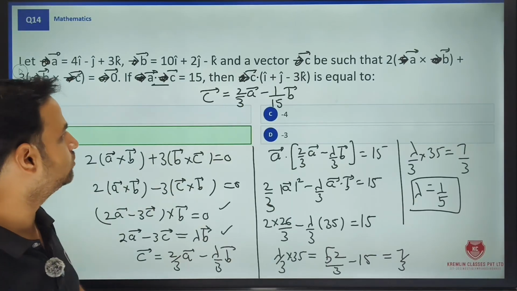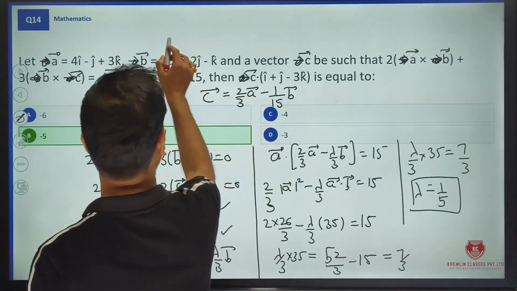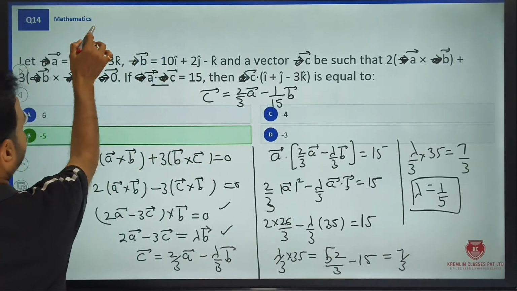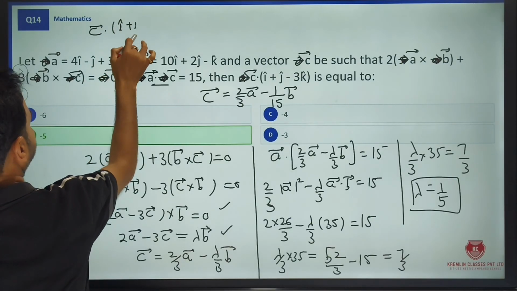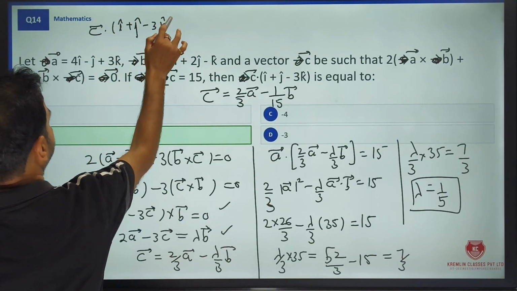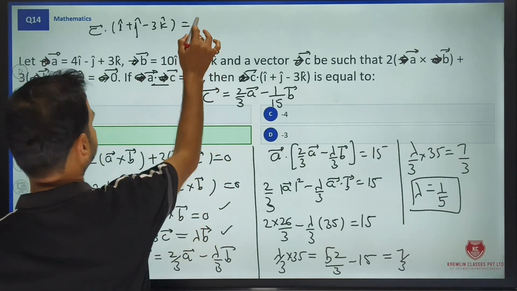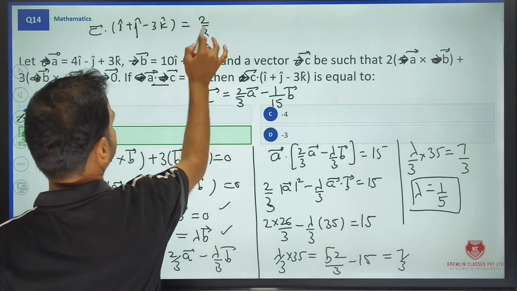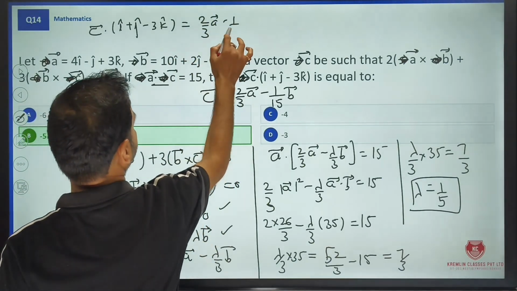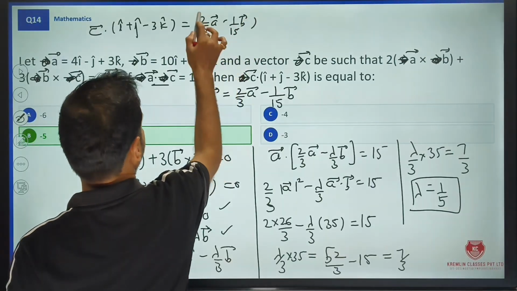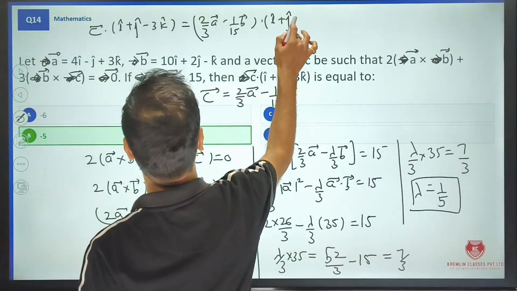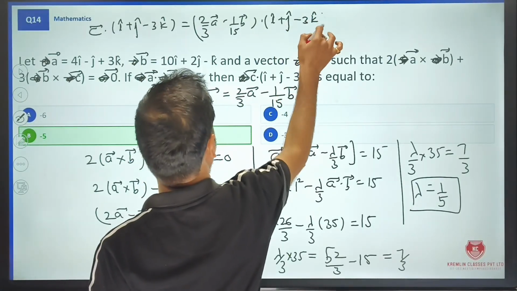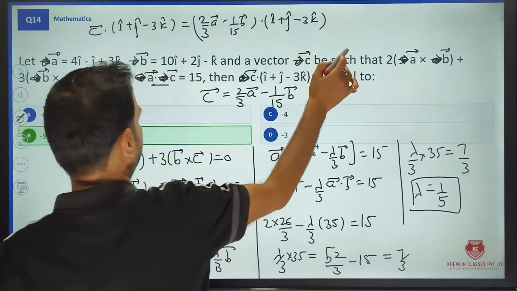So c vector dot i cap plus j cap minus 3 k cap is equal to 2 by 3 a vector minus 1 by 15 b vector dot i cap plus j cap minus 3 k cap.